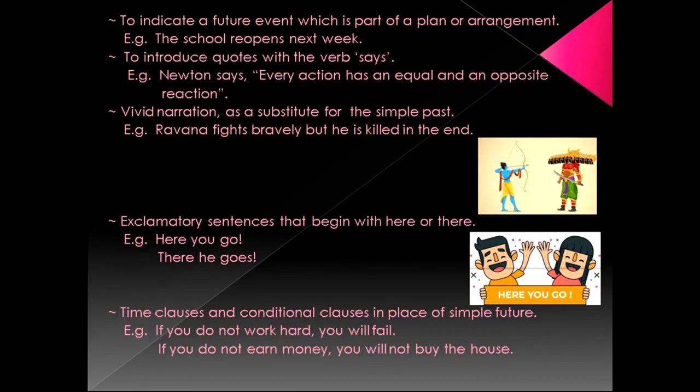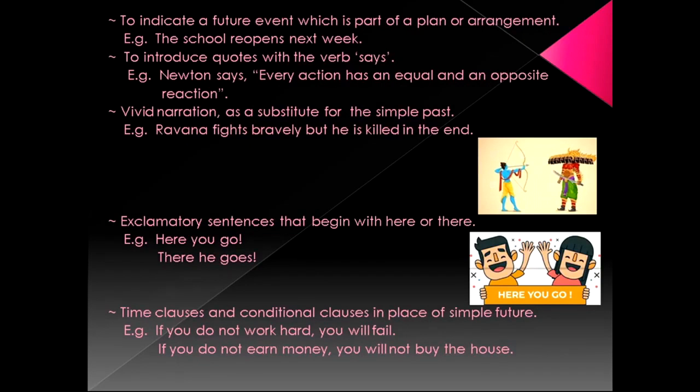Now next point is vivid narration as a substitute for the simple past. Vivid narration means, suppose you are narrating a story which took place long back and you are doing the narration with strong feeling, then in such a case you will again use the simple present tense. For example, if you are narrating the story of Ramayana to somebody, then you can use the simple present tense to describe the actions which have been done in the simple past.